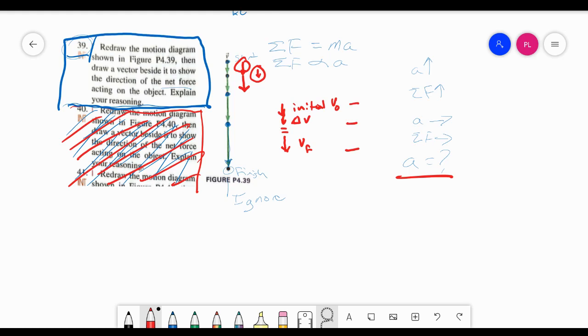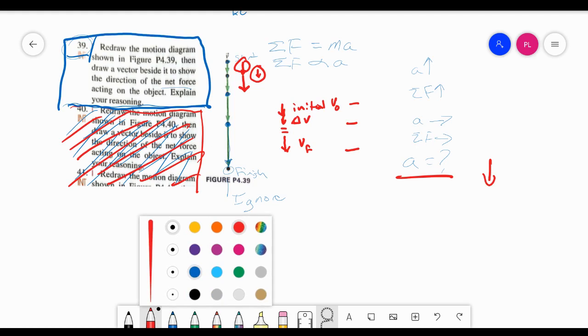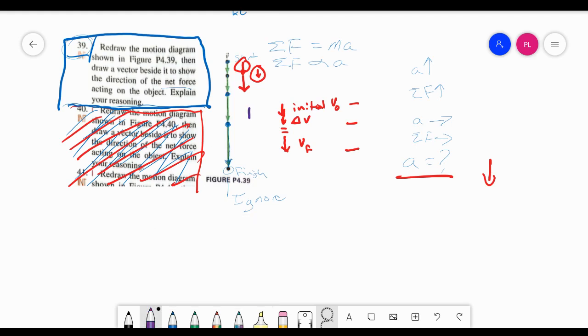So the change in velocity is always going down. That means the acceleration is always down, and the total force is always down. So the arrow that I would add to represent the net force would be something like that, something going down, and it's really just showing the direction throughout that motion.